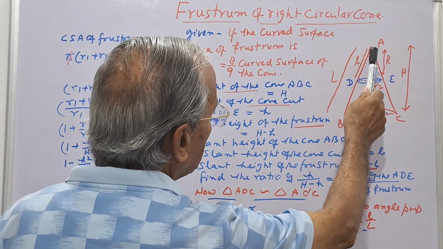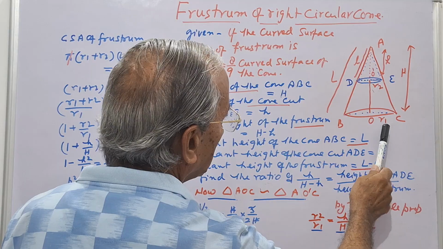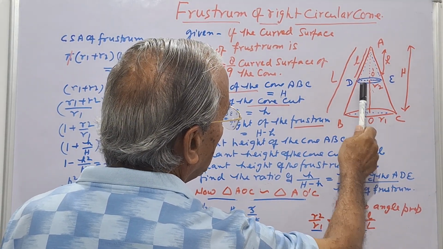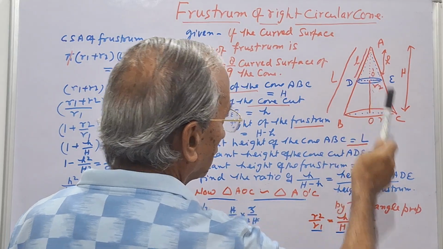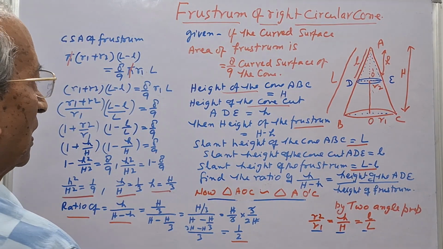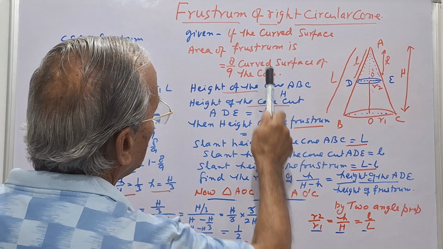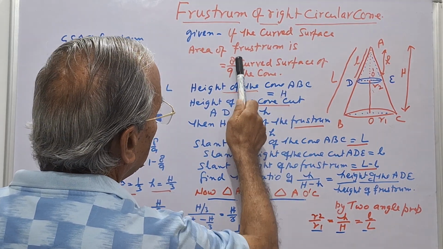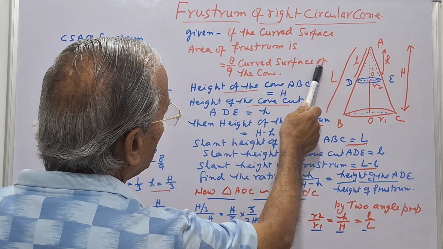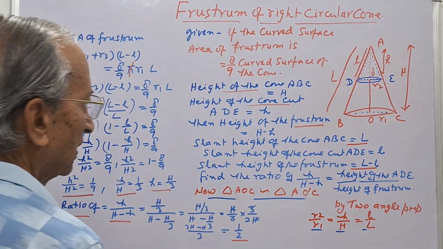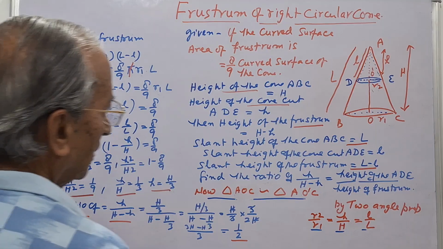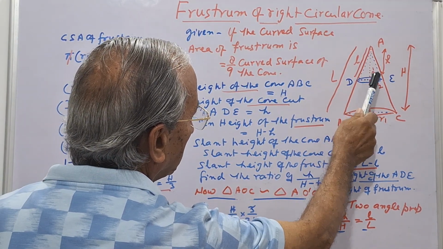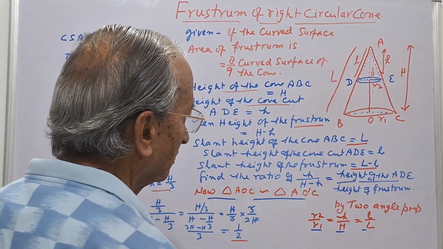And the radius of the ABC is R1, that is the bottom of the frustum, and the top of the frustum is R2. Now it is given that the curved surface area of the frustum is 8/9 curved surface area of the cone, then find the ratio of the height of the portion cut and the height of the frustum.